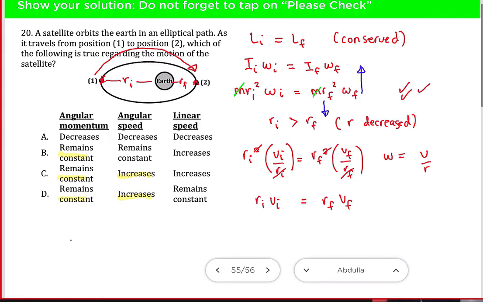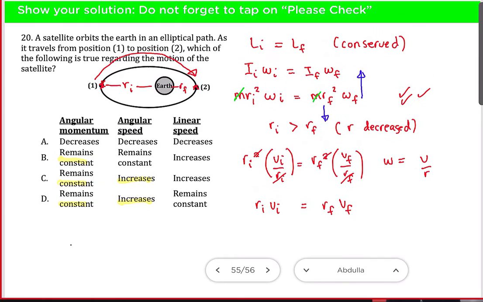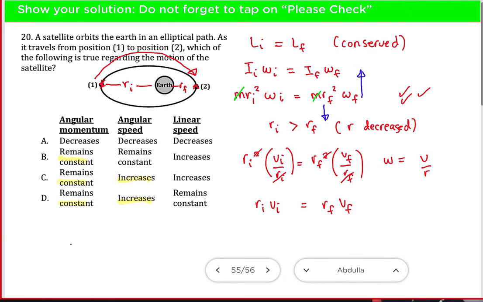So now, going back to the situation, our satellite goes from 1 to 2 where the radius is decreased. So as we decrease our radius, what should happen to the linear speed in order to maintain the balance? Anybody? It will increase. Very good.